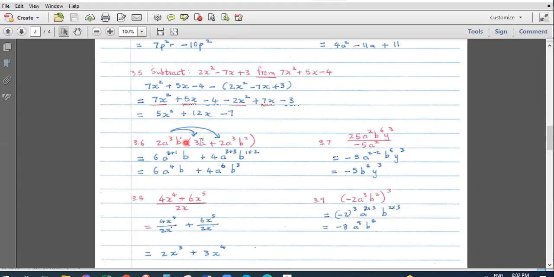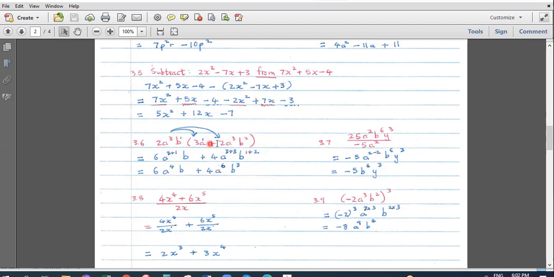You may just have b and 3a. So you need to mark it with the 1, so you don't forget to add 1 plus 2 to give you 3. So your final answer is 6a to the 4 b plus 4a to the 6 b cubed, because we added the 3 and 3, and for b cubed, we added the 1 and 2.